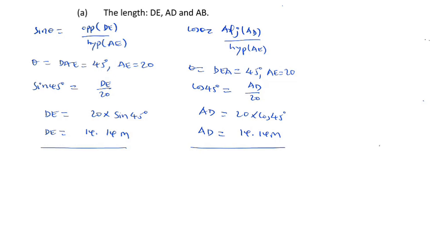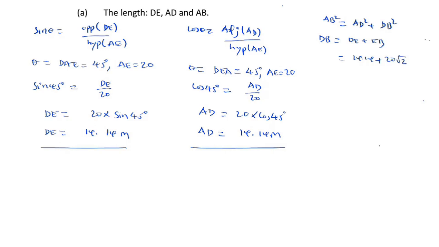For this one, let us consider triangle ADB and apply the Pythagoras theorem, which says AB squared equals AD squared plus DB squared. But DB equals DE plus EB, which equals 14.14 plus 20 times root 2.